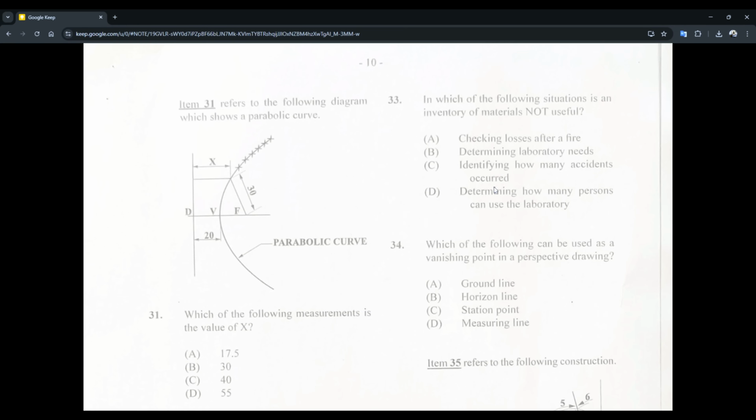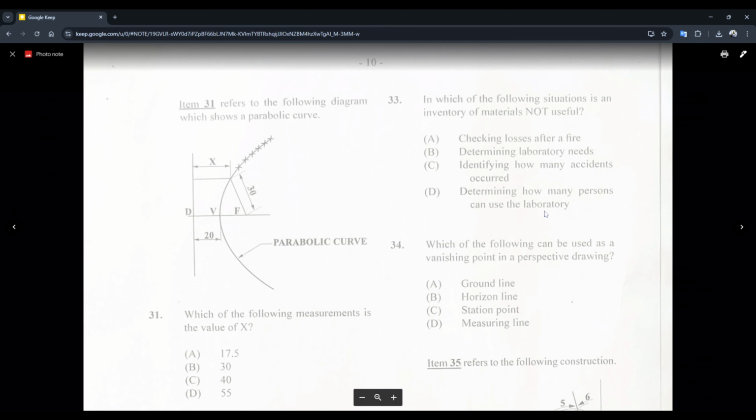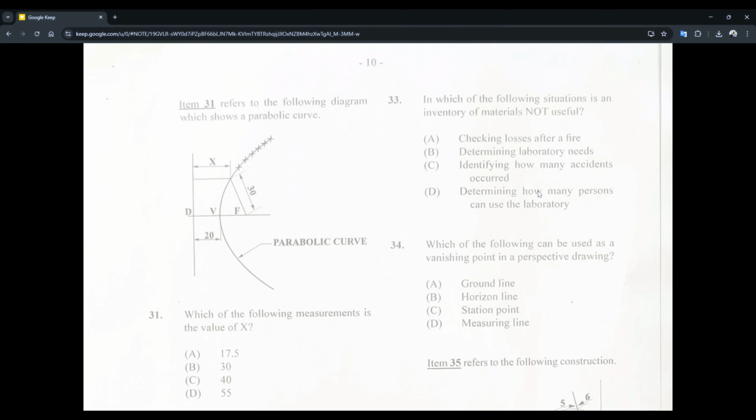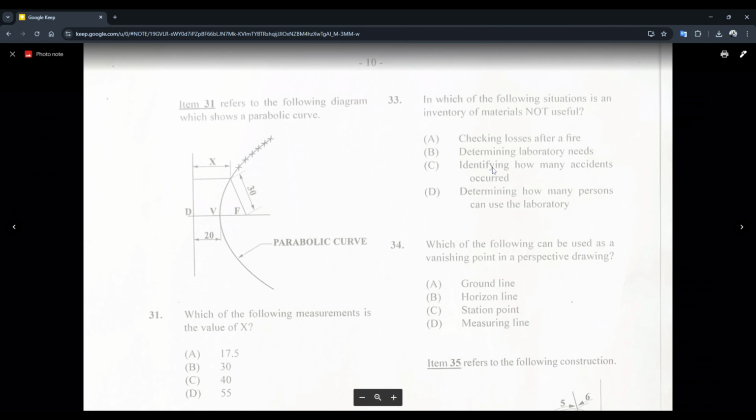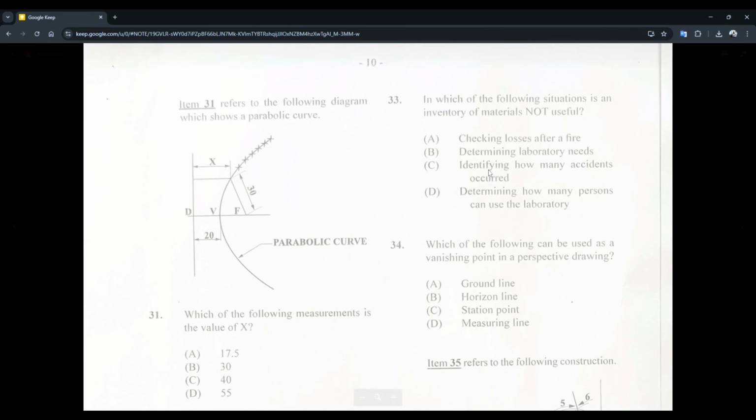This is questionable. Determining how many persons can use the laboratory. Not directly related per se, but I would say C. Inventory of materials doesn't necessarily have any direct bearing on how many accidents occurred, so I would say C.